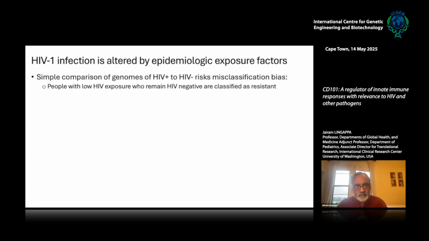And we couldn't simply compare the genomes of people living with HIV versus people who were living without HIV, because we knew that HIV infection is altered by epidemiologic exposure factors, and just comparing people with HIV to people without HIV would risk a misclassification bias, namely people with low exposure to HIV who remain HIV negative would be classified as resistant to infection when in reality they just had not been fully exposed.